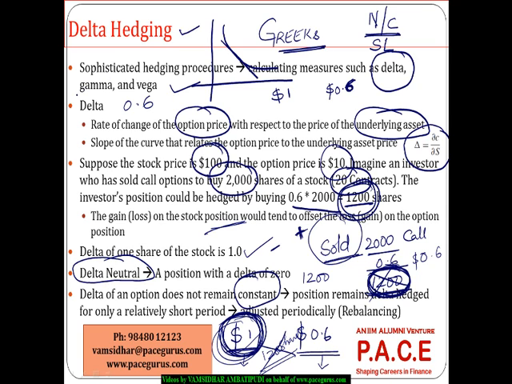Either I increase the number of shares, I buy additional shares, or sell some of the existing shares. So dynamically I am trying to either increase or decrease my position to make sure that the overall portfolio is delta neutral.